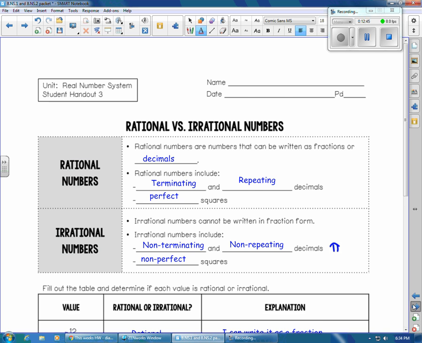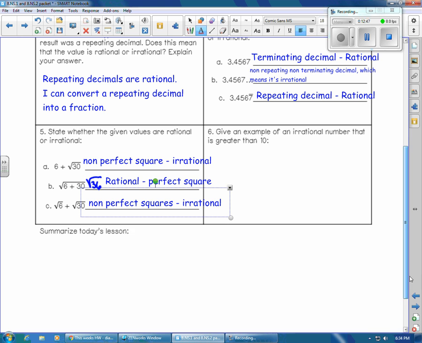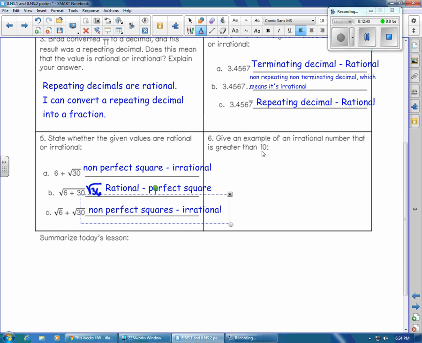So we want our value to be greater than 10. So let's think. How could I get a value that's greater than 10 that would be maybe a non-perfect square? So the square root of 100 is 10.